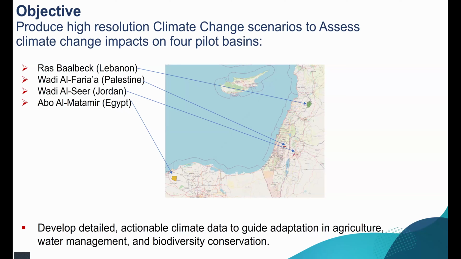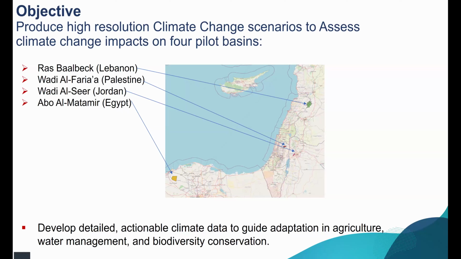As you can see, these are relatively small basins, and despite their small size, these basins exhibit diverse climate regimes and face significant challenges in terms of water resources and agricultural productivity.